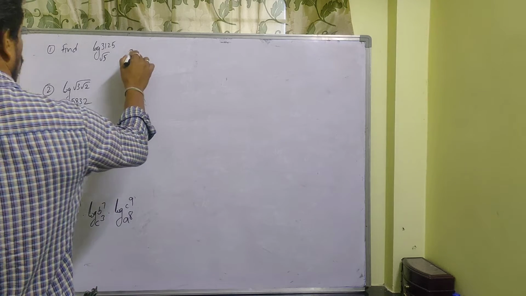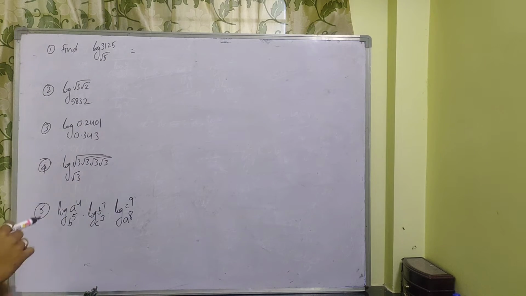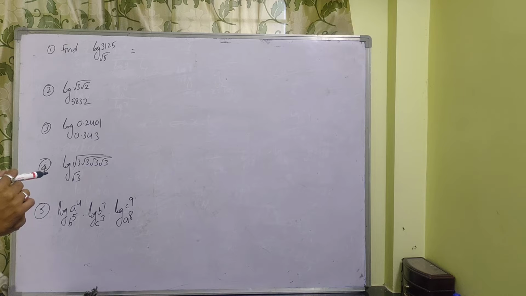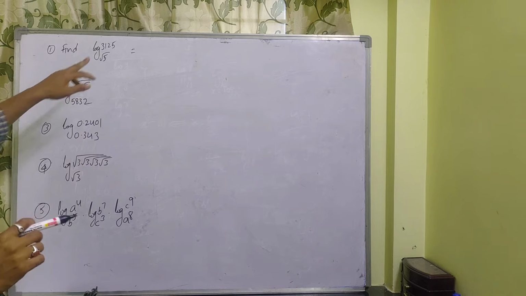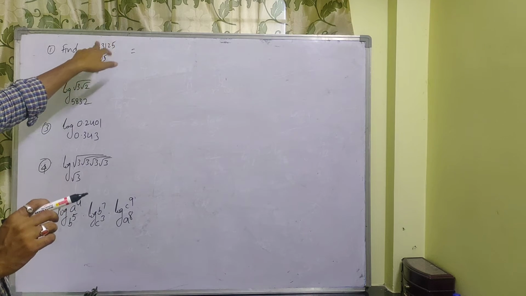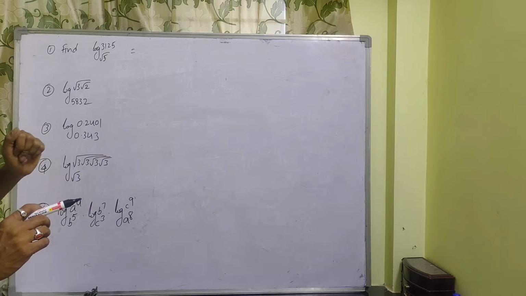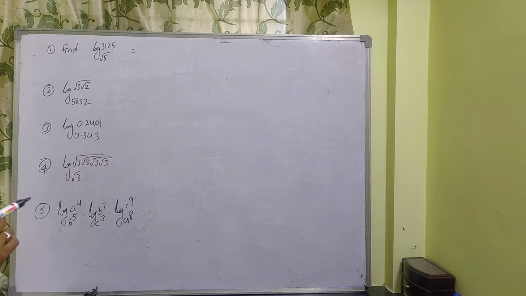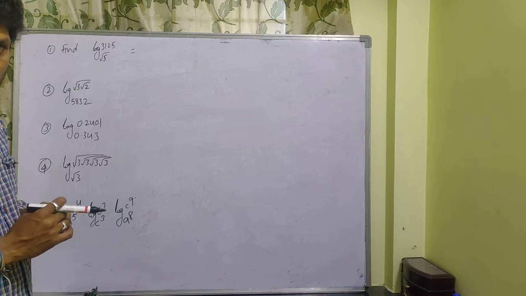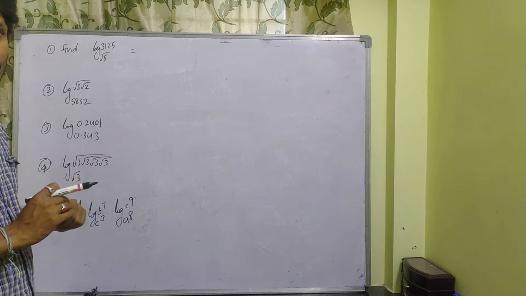This one, first question, 3125 with base root 5 is there. So 3125 is some power of 5. You know very well, 5 power 5 is 3125.